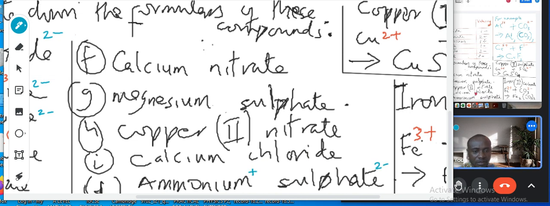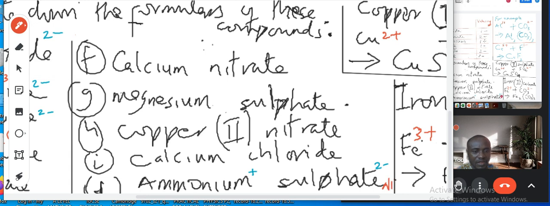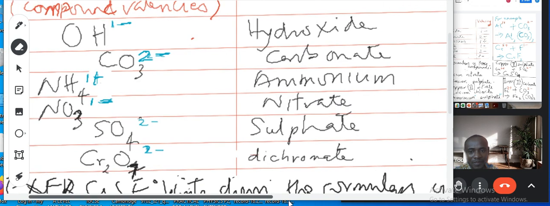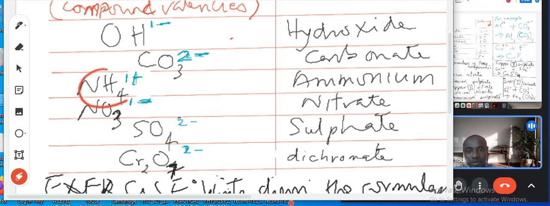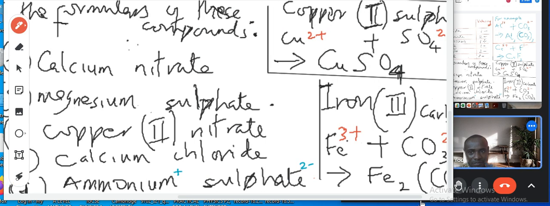Ammonium itself is NH4. The entire ammonium is NH4, so we're going to have NH4 for the entire ammonium.